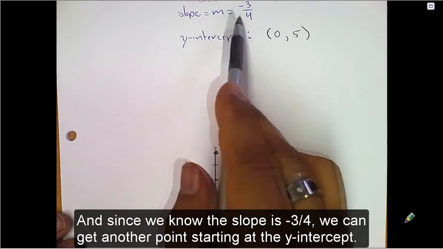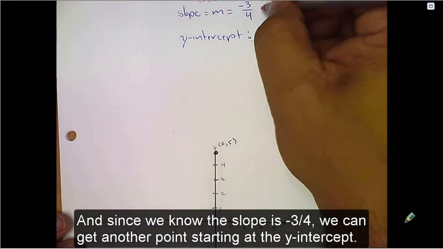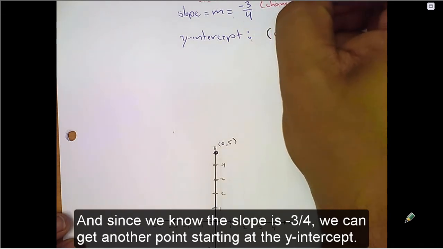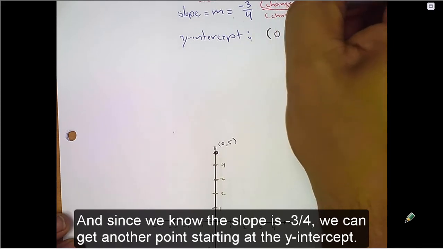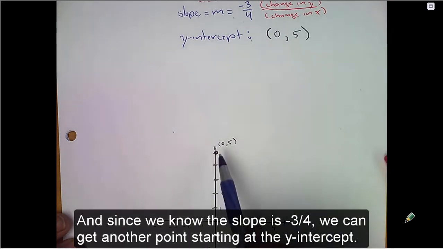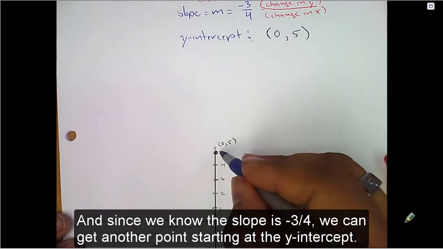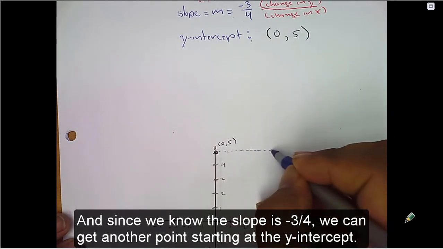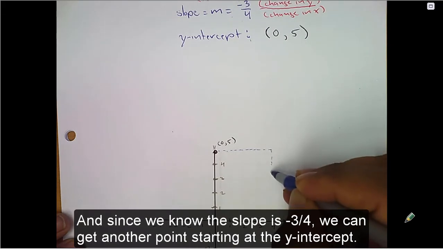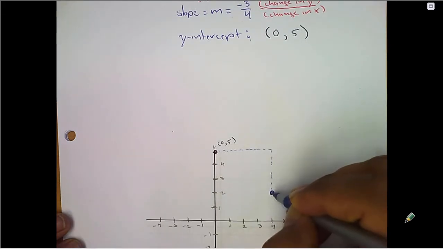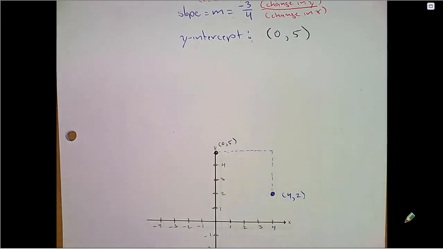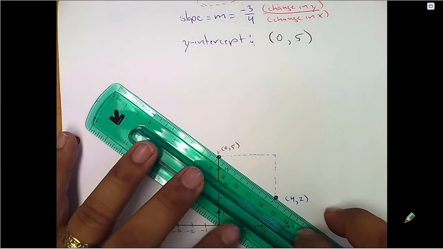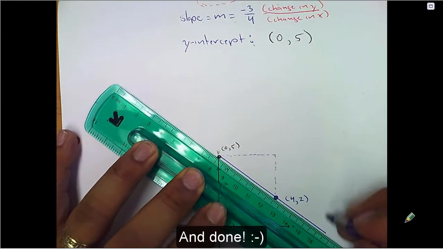And since we know the slope is -3/4, we can get another point starting at the y-intercept. And done.